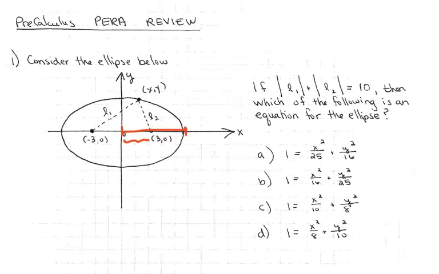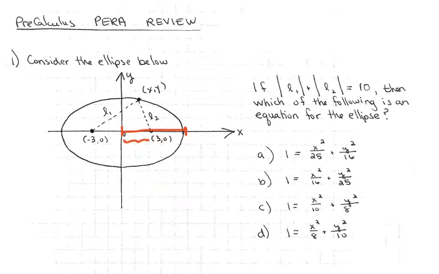By definition, an ellipse is the set of all points in the plane, the sum of whose distances from 2 fixed points called the foci. These 2 fixed points, remember each one's called a focus, so plural focus is foci.